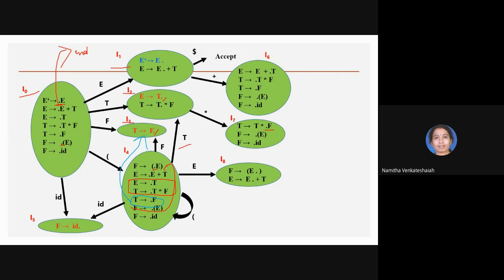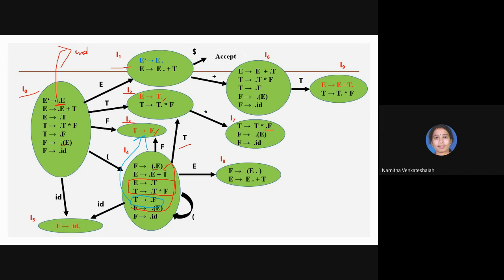We should continue further, right? Here also the dot is not at the end. Here also the dot is not at the end. Here also. So we have to continue. So how to continue? On applying T, what happens? This particular dot will move after T. In E produces E plus star dot T, it will become T dot. And similarly, T dot star F. Then F. This is only on applying T. But here you have dot F also.